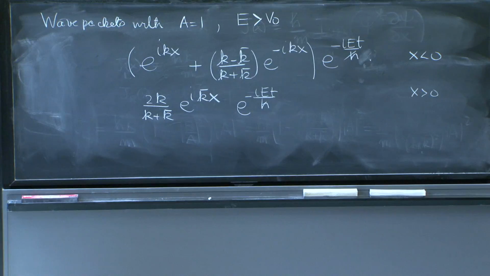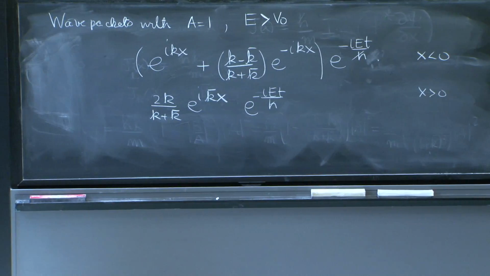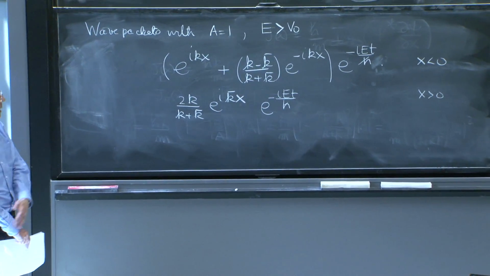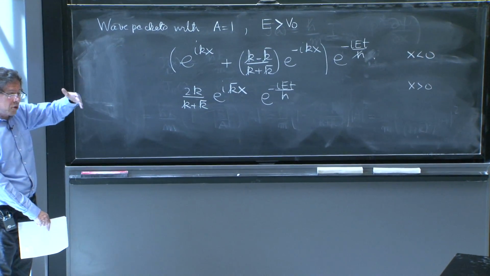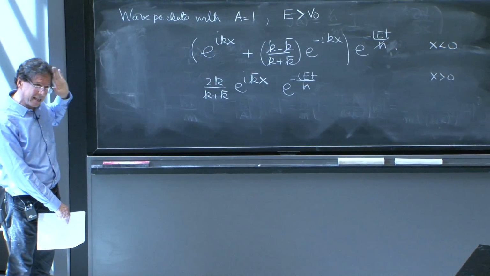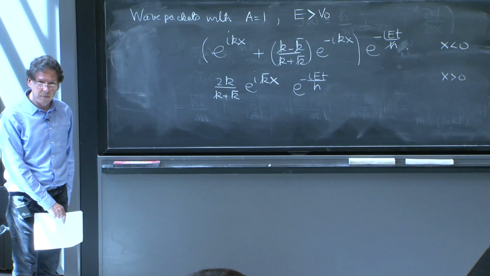So far, so good. So this is a solution of the full Schrödinger equation, not just the time-independent one, all of it. It has two expressions because there's a little discontinuity in the middle, but as a whole, it's a solution.